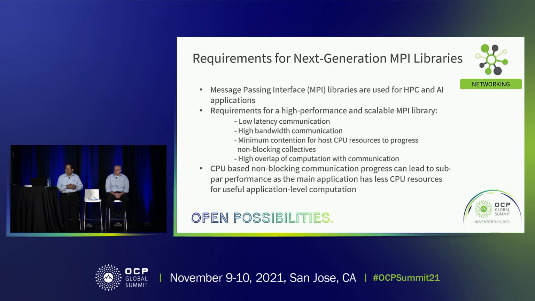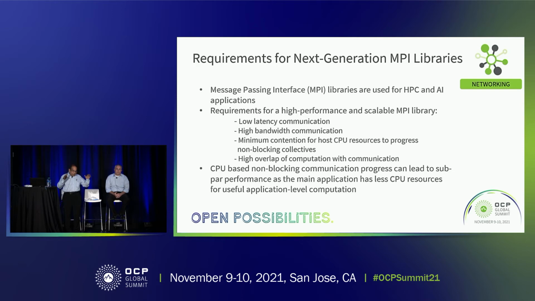Let me go into a little bit more detail if you are not familiar. A lot of MPI jobs exchange a lot of data. The MPI standard has collectives like AllToAll, AllReduce, Reduce, and Bcast. These are very widely used for HPC and AI applications. Traditionally, many years back, there were only blocking collectives.